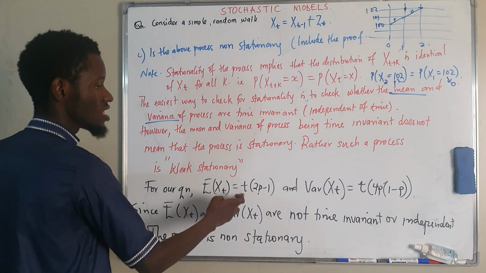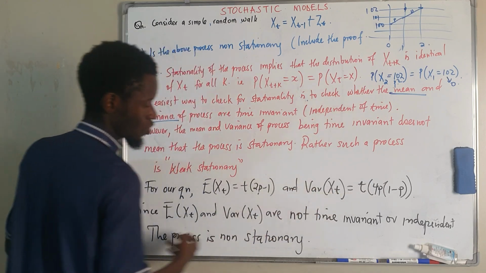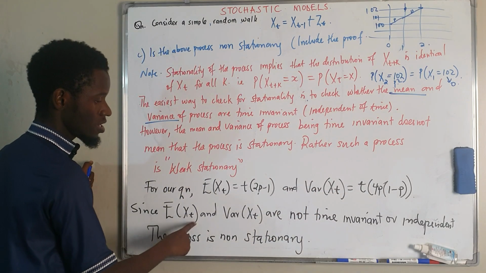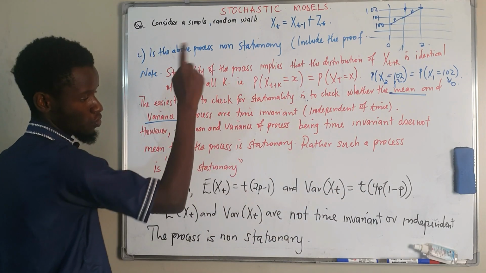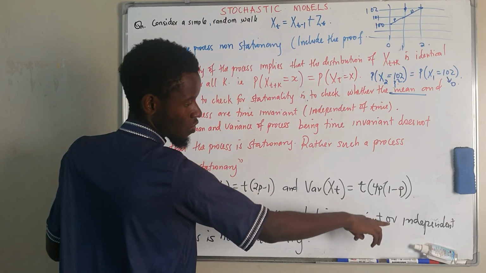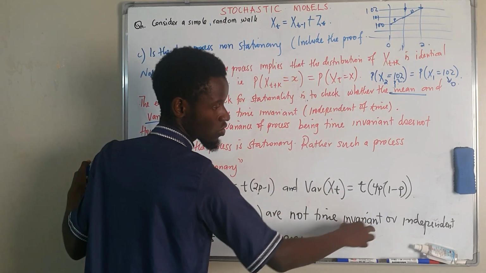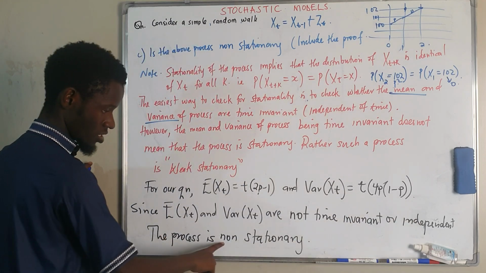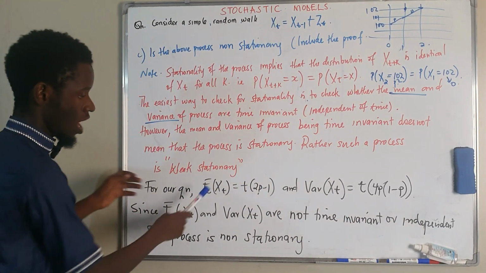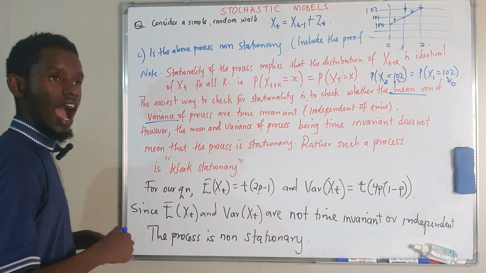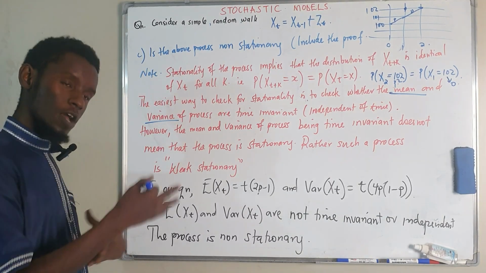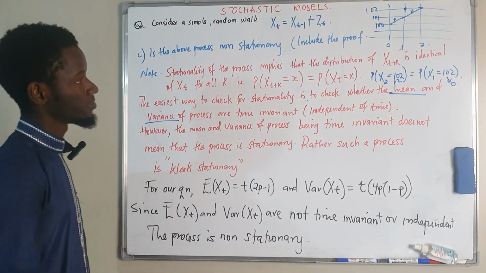Therefore, we conclude that our simple random walk is a non-stationary process, because the mean and the variance depend on time.